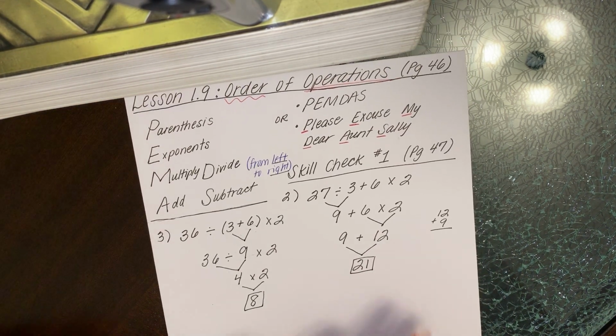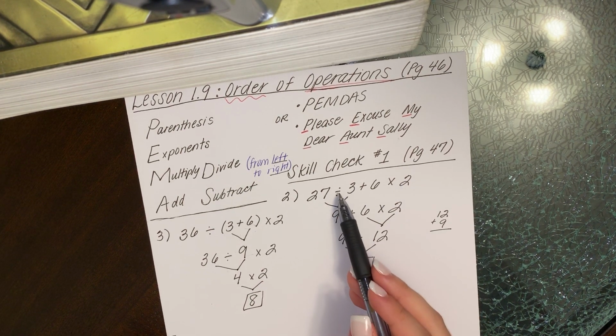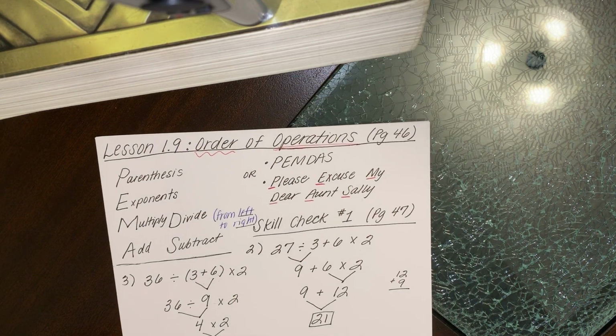But as you can see, we're using PEMDAS to solve very large problems with multiple types of operations, adding or subtracting or dividing or multiplying. Now what we're going to do is we're going to do one example staying on that page, and then we'll try some skill checks.